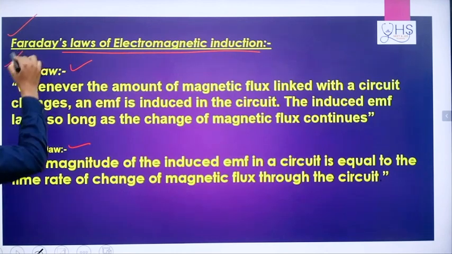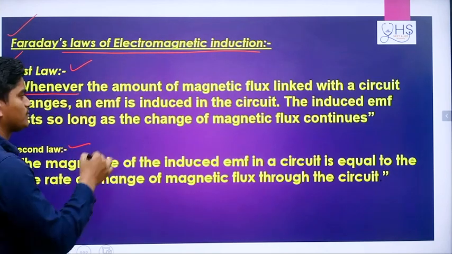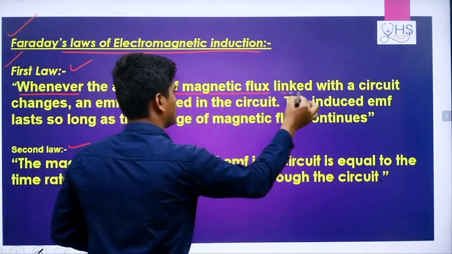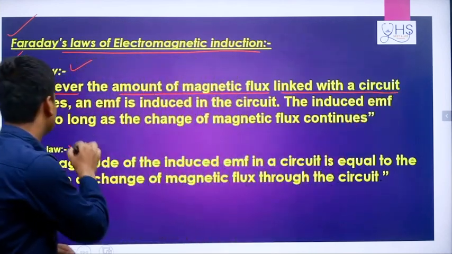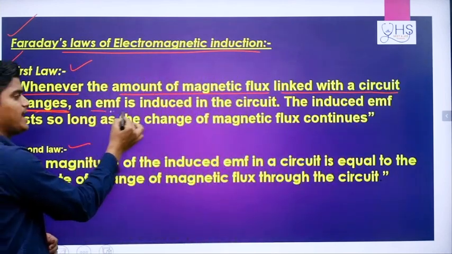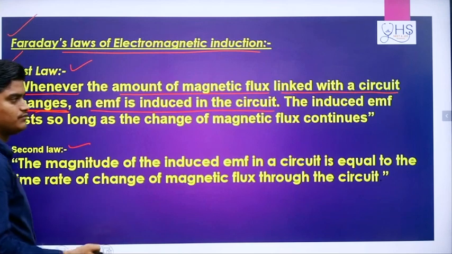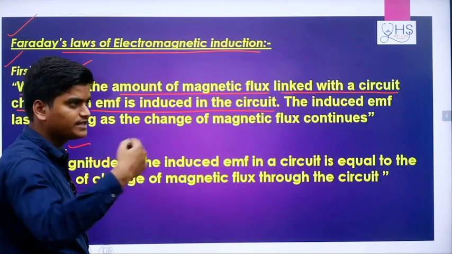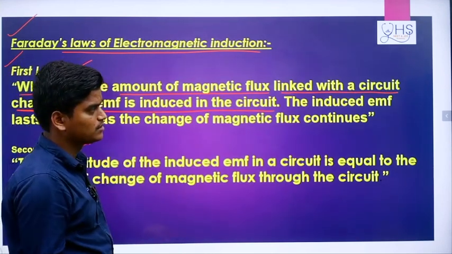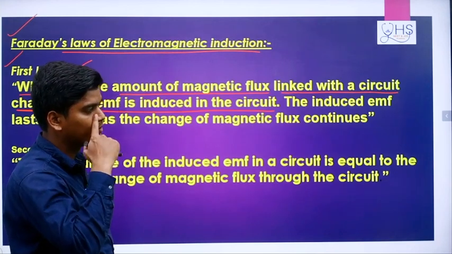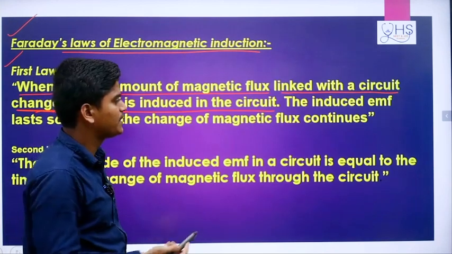What is the first law telling? Whenever the amount of magnetic flux linked with a circuit changes, an EMF is induced in the circuit. That is what we told: whenever there is a change in magnetic flux, induced EMF will be there, and due to that, induced current will be there.